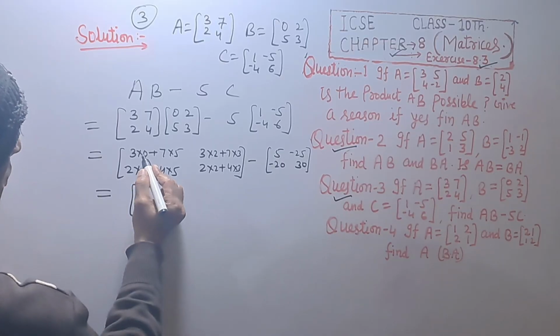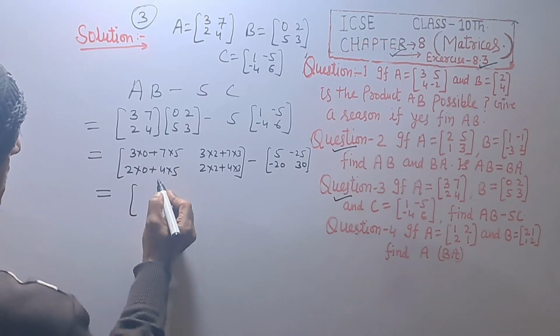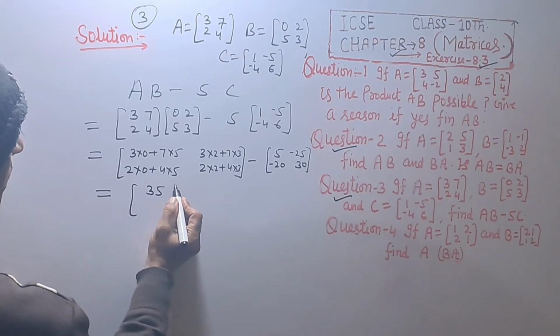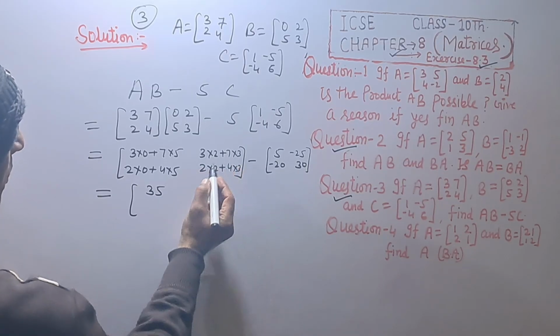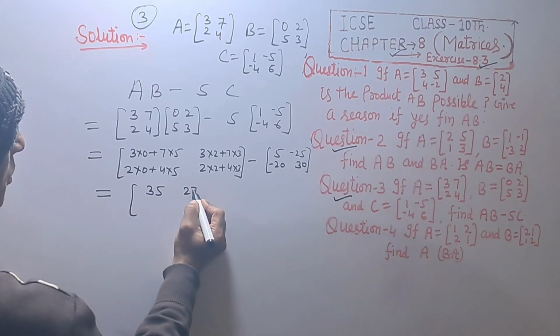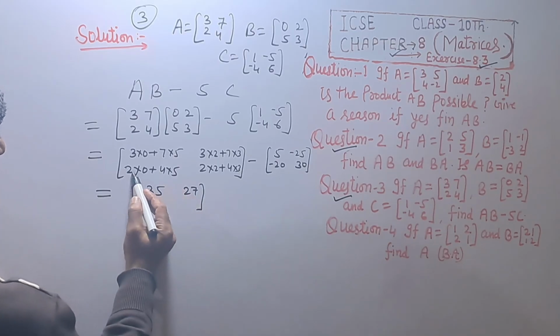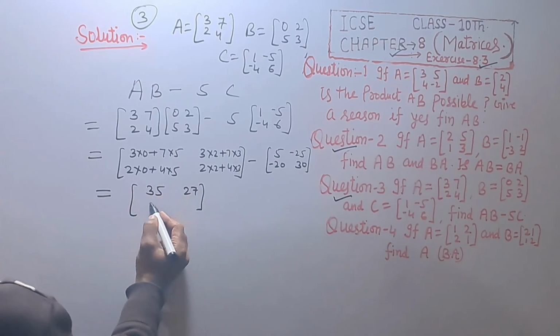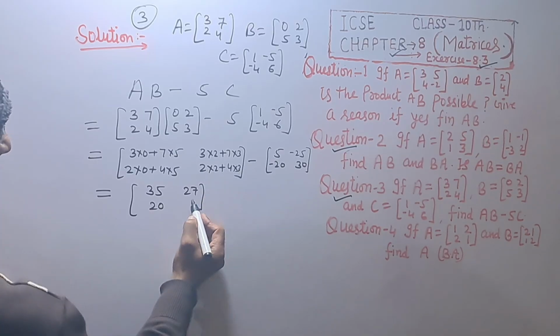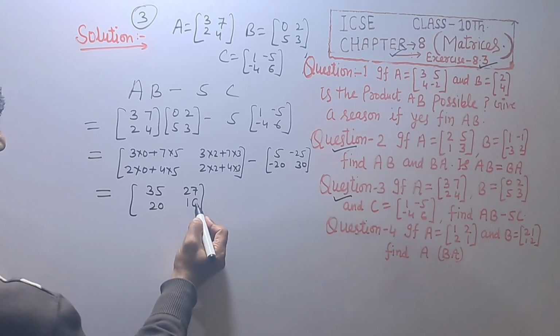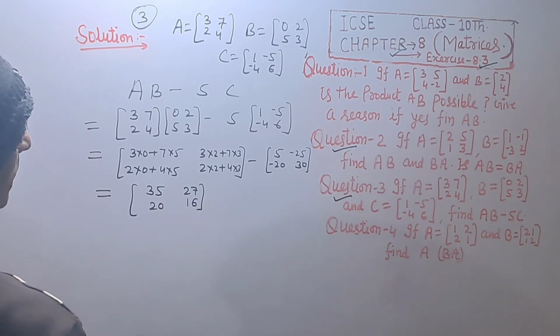That is equal to 0 plus 35 equal to 35. 3 2s are 6 plus 21, that is equal to 27. 0 plus 20 equal to 20. 2 2s are 4 plus 12, that is equal to 16.